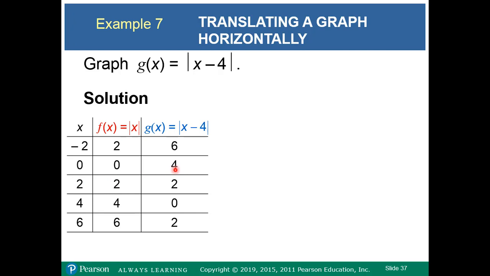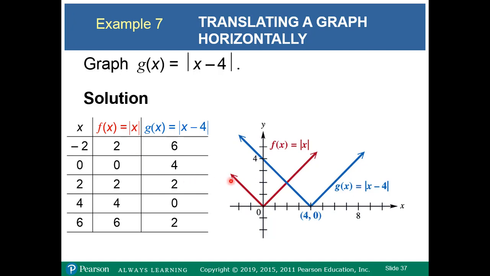Okay, and so when you subtract inside the function, it's going to have an effect on the basic function, translating it to the right that many number of units. Okay, so here's the original basic function, absolute value of x. And so what's happening here?